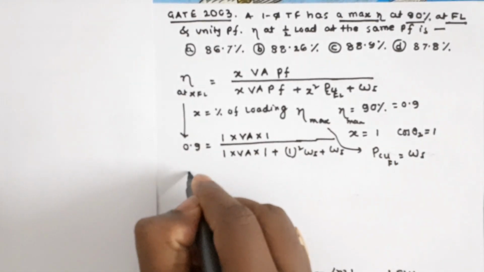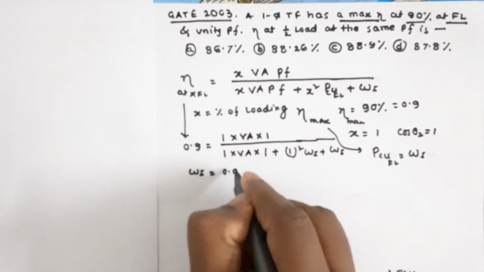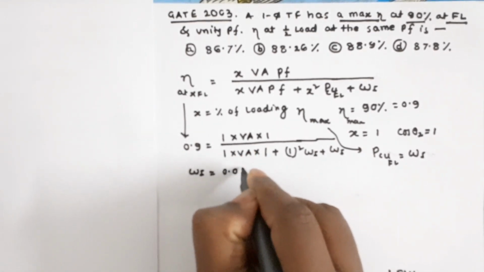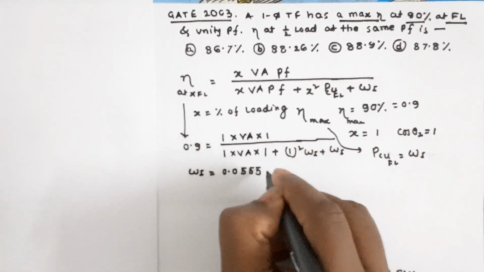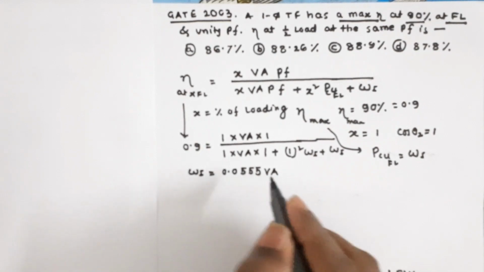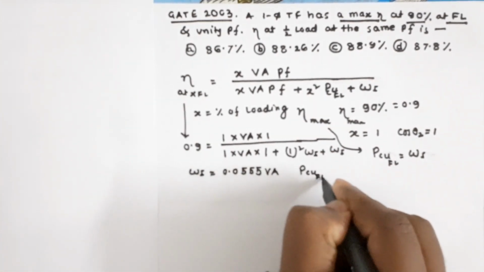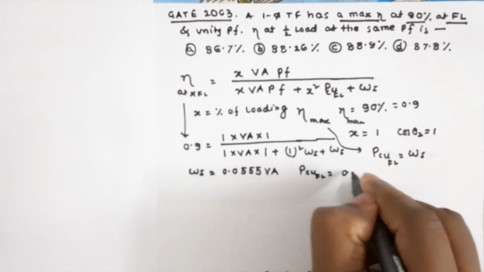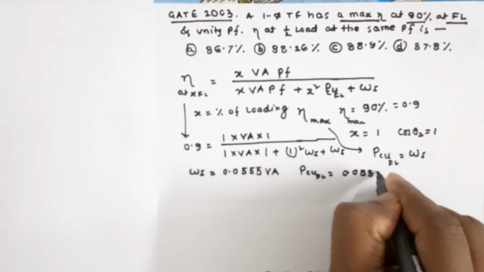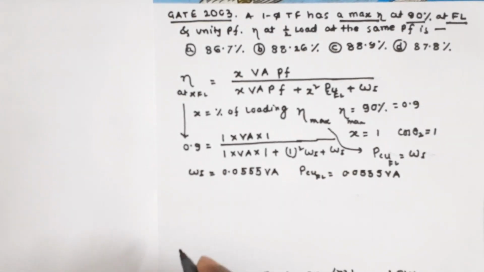From this relation I can write iron loss equal to 0.0555 into VA. This is the iron loss. Therefore, full load copper loss will be the same, also given by 0.0555 VA.